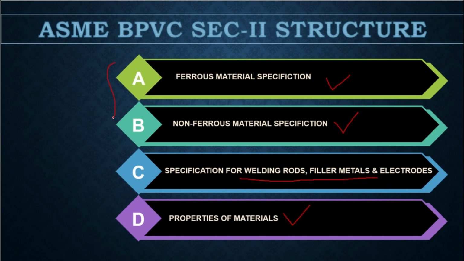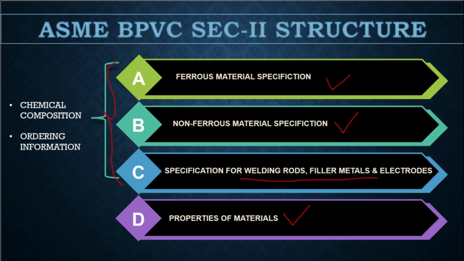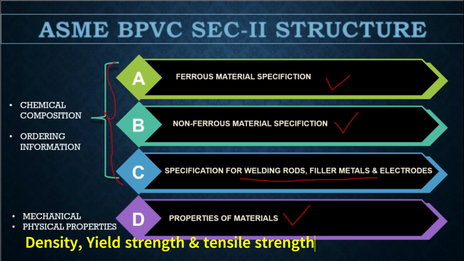So part A, part B, and part C deal with chemical composition and ordering information. Part D gives the mechanical and physical properties like density, yield strength, tensile strength, and maximum allowable stress values.